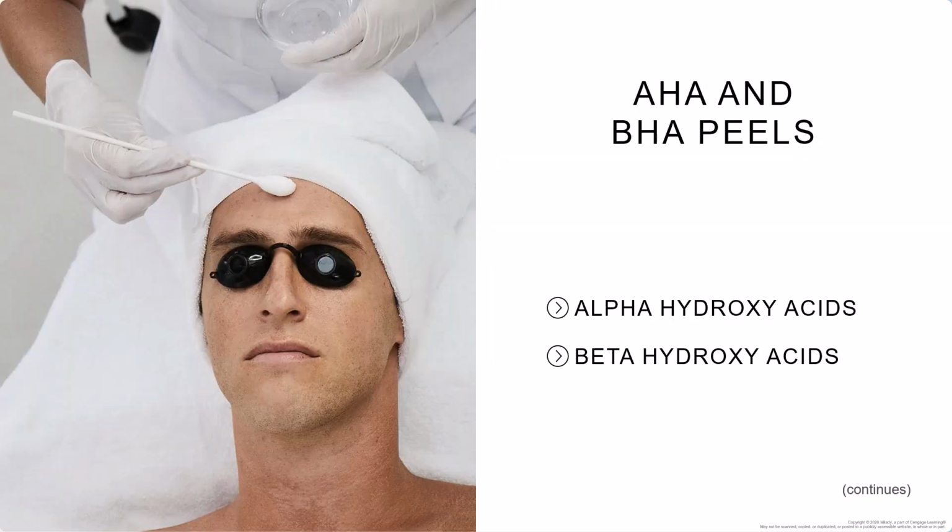Moving on to AHA and BHA peels, we have alpha hydroxy acids, or AHAs, which are mild acids that come in different percentages and pH levels. They help dissolve the desmosomes to exfoliate the skin. So the desmosomes are the bonds basically between our skin cells that are holding them together.